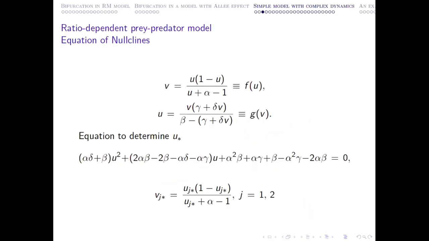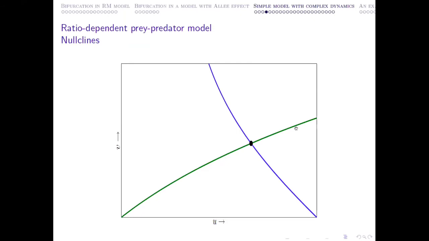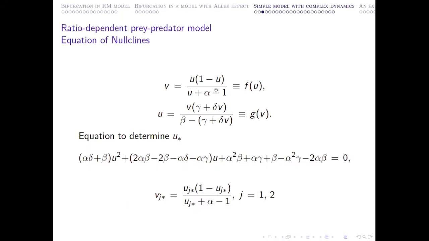But the idea is that depending upon the parameter, there might be one feasible equilibrium point, there might be two feasible equilibrium points. And here I can show you in the next slide that in this case you can find only one point of intersection. But how do these kinds of structures come into the picture? If you look at the first equation, if your alpha is greater than 1, then your denominator is positive.